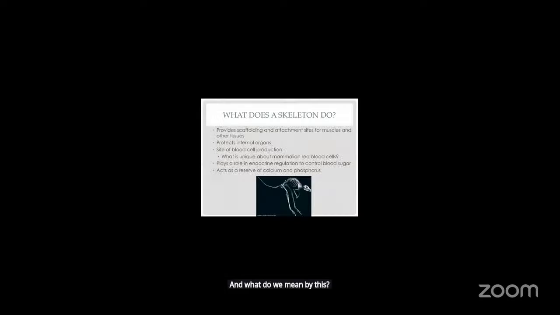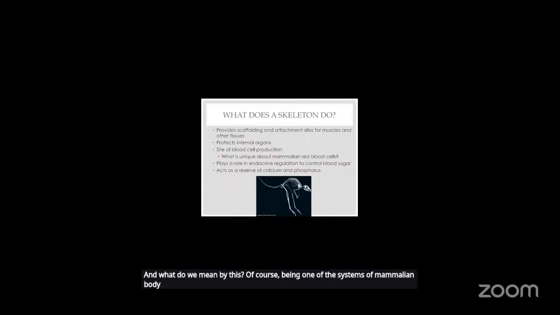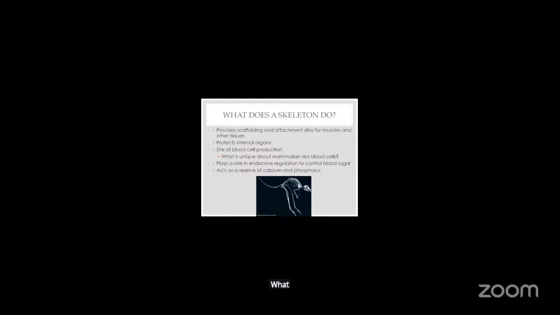Of course, being one of the systems of the mammalian body, it must be performing certain functions. Some of the functions include providing a framework and attachment site for muscles and other tissues. What gives every animal a frame is the structure of the skeletal system.